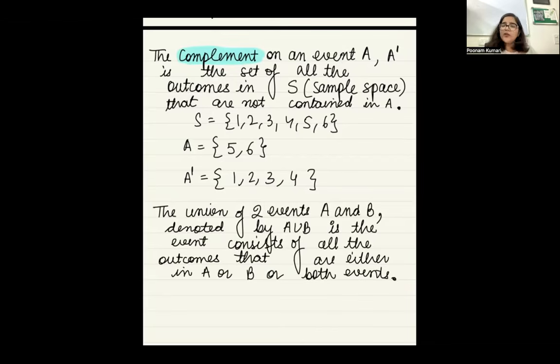This is exactly how you define the union of sets.